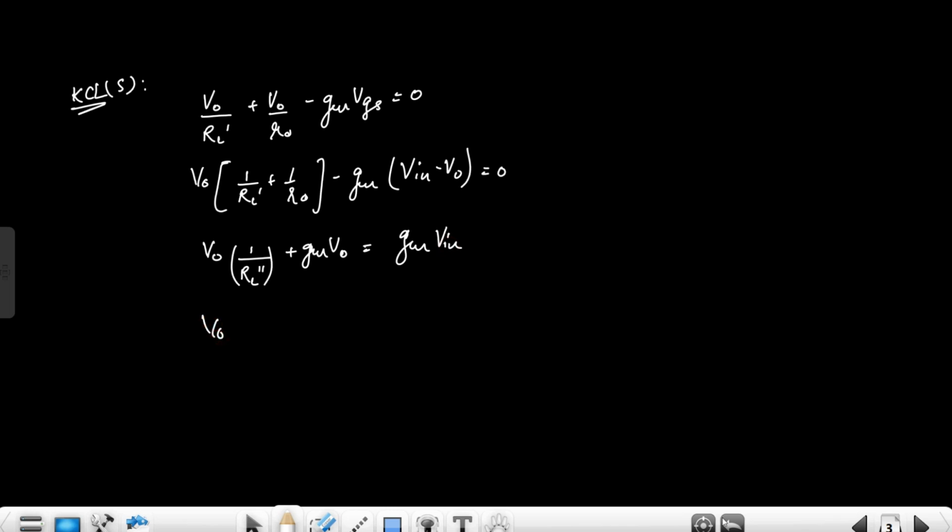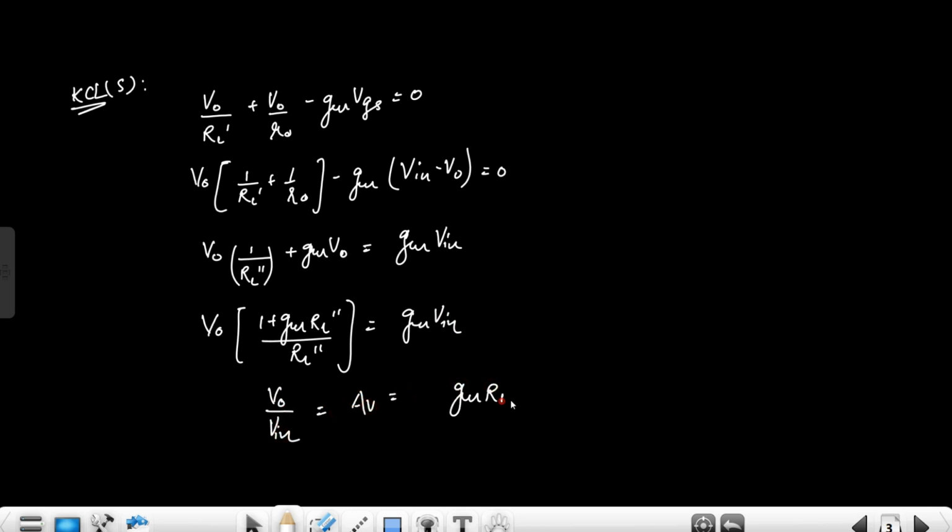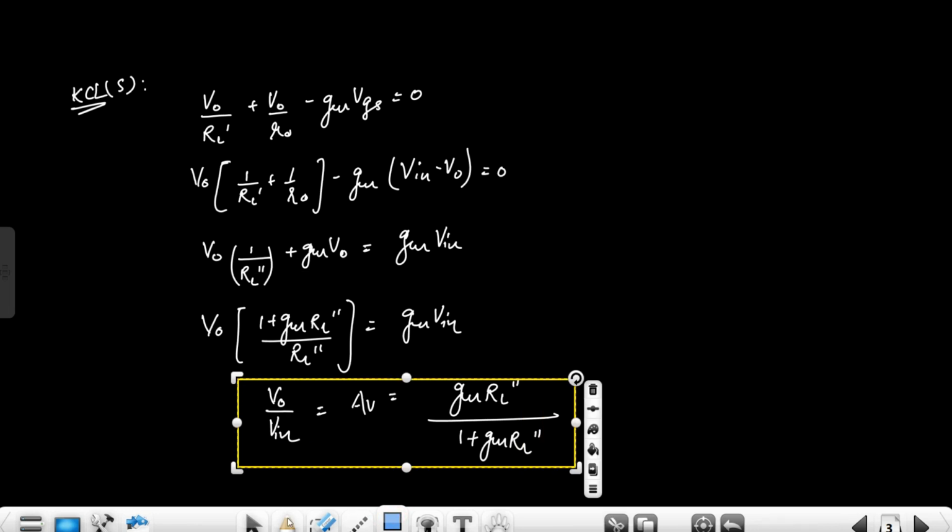So V naught times (1 upon RL double dash plus GM) equals GM VIN. So V naught upon VIN, the small signal voltage gain, is GM RL double dash upon 1 plus GM RL double dash. This is the small signal voltage gain of the common drain amplifier.